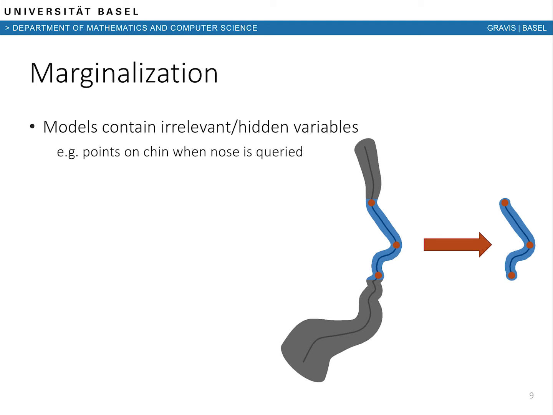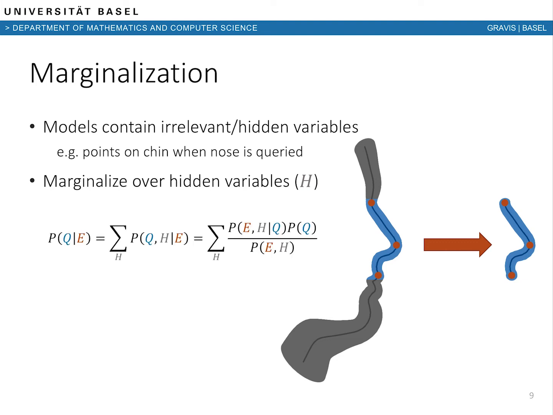The Bayesian way of treating these hidden variables is to just marginalize over them, and remember, this is the second operation introduced above, and it is just a summation over the variables we are not interested in. So given our posterior including both variable sets, the actual query variables and the hidden variables, we would just sum away the hidden variables.